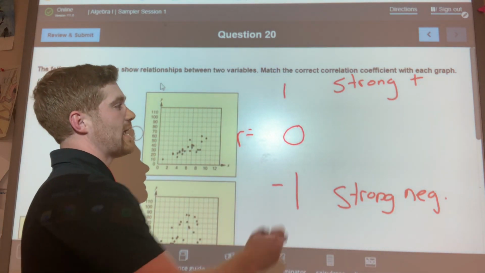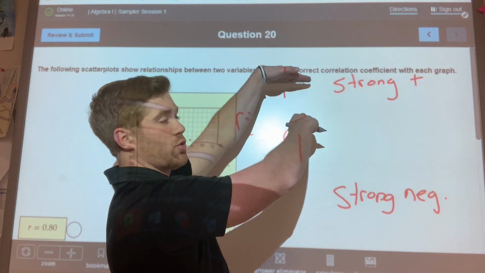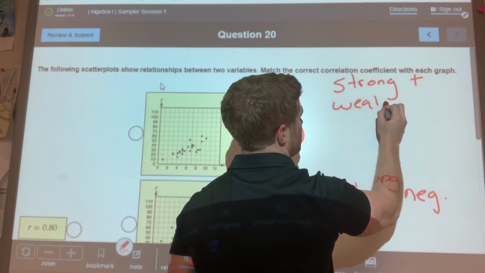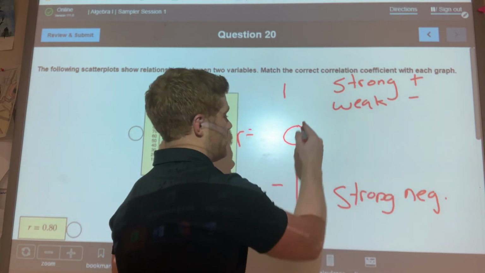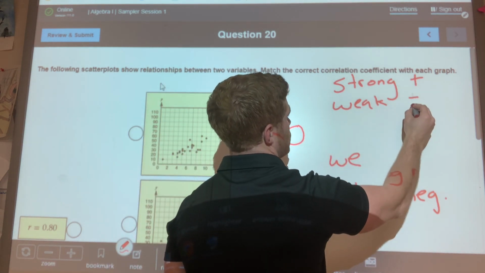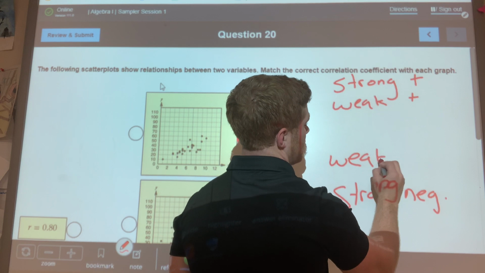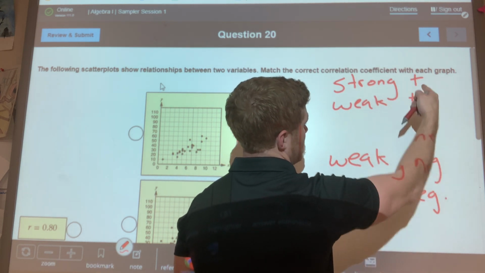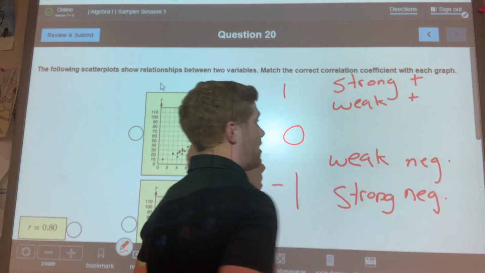Meaning the area or the range between 1 and 0 is a weak positive, and the area between 0 and -1 is a weak negative. I don't know why I chose to use plus signs and then actually write negative, but you get what I mean.